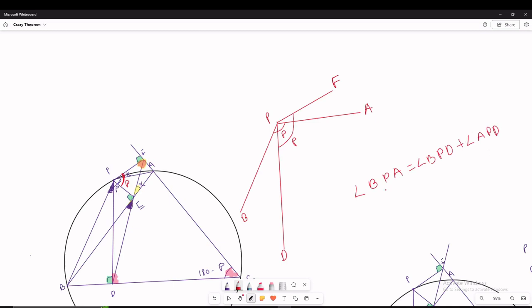What is angle BPA? Angle BPA is P. So we are saying that this whole angle is equal to this angle plus this angle. Now that is correct basically.